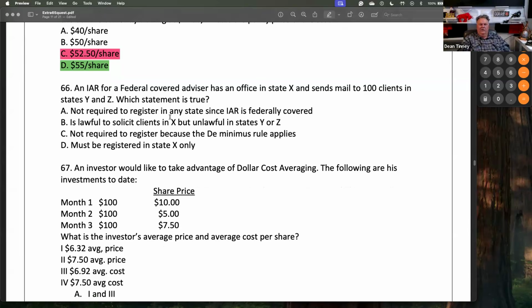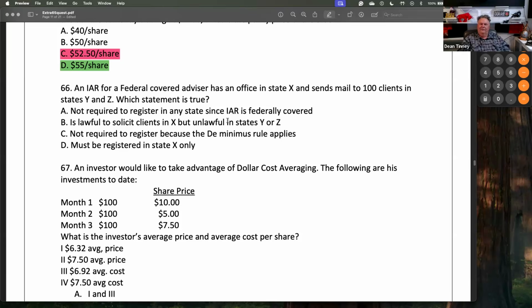All right. If an IAR is a federally covered advisor and has an office in state X, we have to register in state X. I don't know if that's what's going to ask us, but if you're an investment advisor rep of a federally covered advisor, you have to register in any state in which you have a place of business. You send mail to 100 clients in state Y and Z. Aren't you glad you're a federally covered advisor?